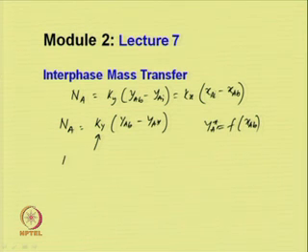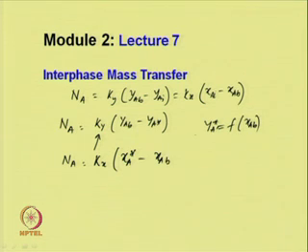Similarly, we can use N A is equal to capital K x into x A star minus x A B. X A star is the equilibrium concentration with y A B.